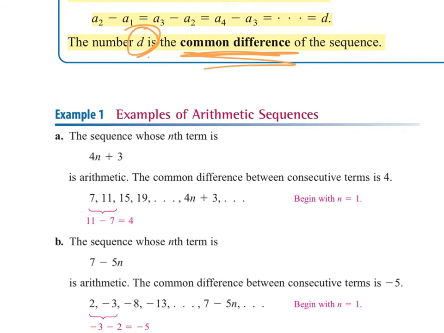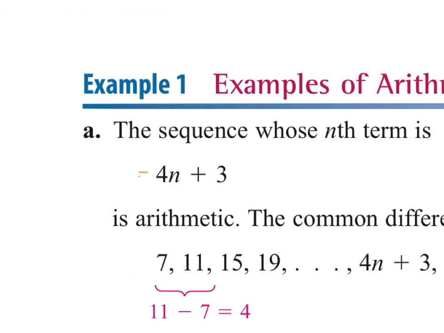So example 1 gives us a sequence whose nth term is 4n plus 3. This is our a sub n equation. We can plug in whatever number we want for n and find that term in our sequence. Remember, n is the number of the term.